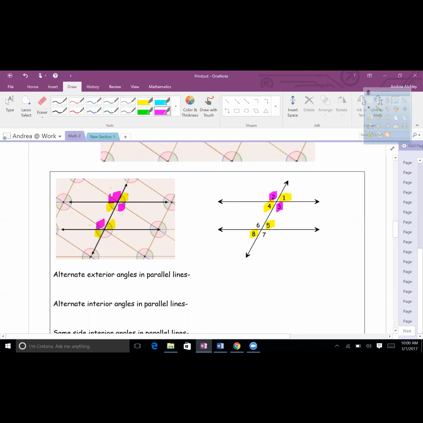Same with 6 and 7. Those are the blue and the red together, so they are congruent to each other as well. Any questions on that?